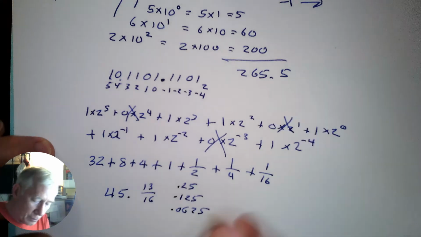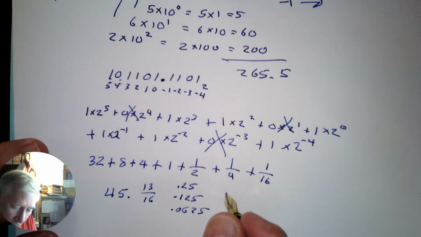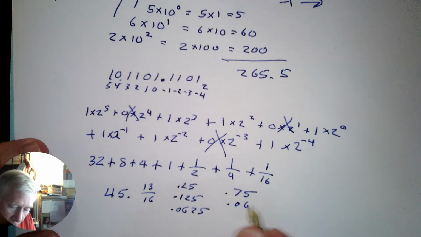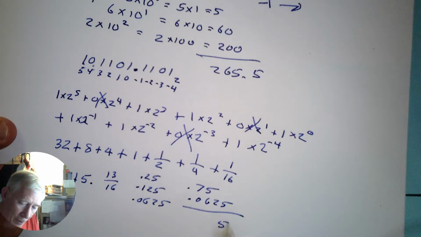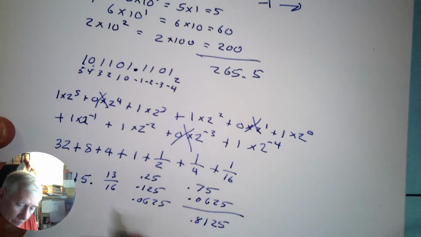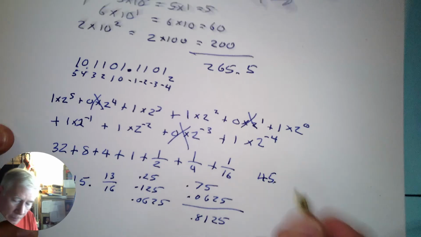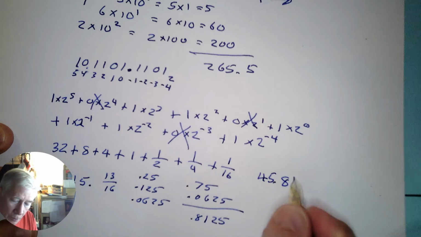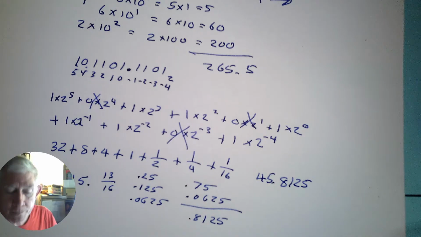It's a bit much, but we already know 12/16 is 3/4, so it's 0.75 plus 0.0625, so that would be 0.8125. So it's going to be 45.8125. Okay, that's what we got.